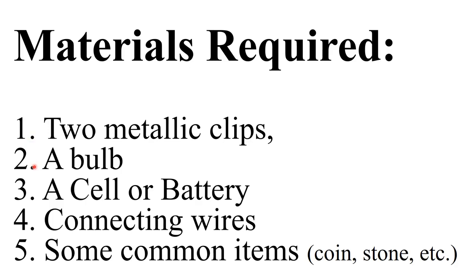We can also take a small torch bulb. Number 3, a cell or a battery. Number 4, connecting wires. Number 5, some common household items like coin, stone, cotton, etc.